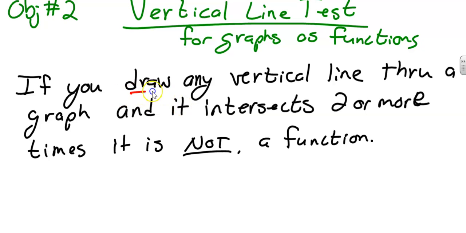Draw any vertical line. If it intersects 2 or more times, then it's not a function. Okay, if you want the optimist side, if you want to be sunshine, roses, and all of happiness and rainbows, if you draw a vertical line and it only hits it one time, it is a function.